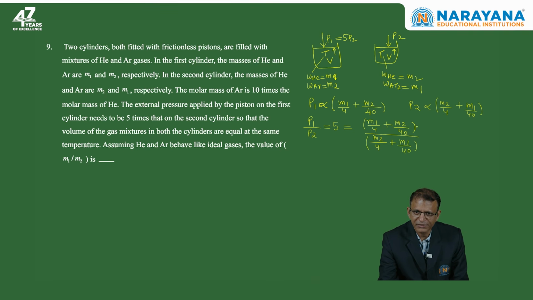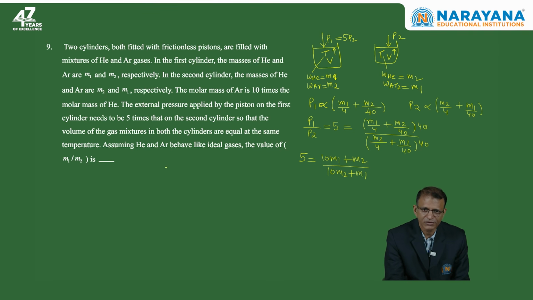If you multiply the numerator and denominator by 40, we can write that 5 is equal to 10 times m1 plus m2, divided by 10 times m2 plus m1. If we cross multiply, we can write that 50 times m2 plus 5 times m1 is equal to 10 times m1 plus m2.